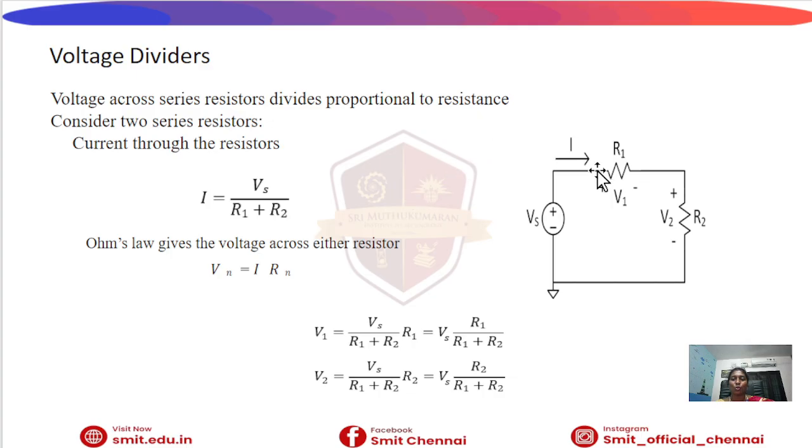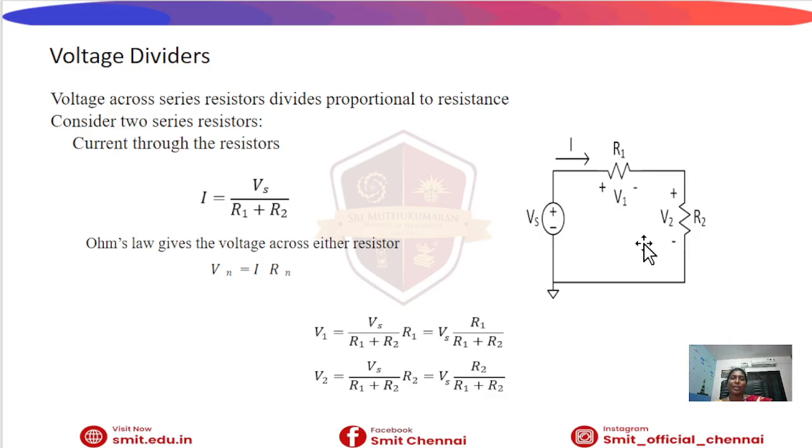V1 is Vs divided by R1 plus R2, multiplied by the resistance concerned. So V1 is equal to Vs into R1 divided by R1 plus R2. If you want to calculate V2, V2 is equal to Vs into R2 divided by R1 plus R2.